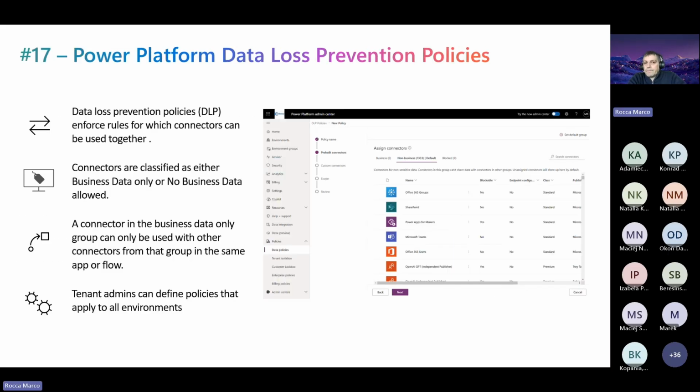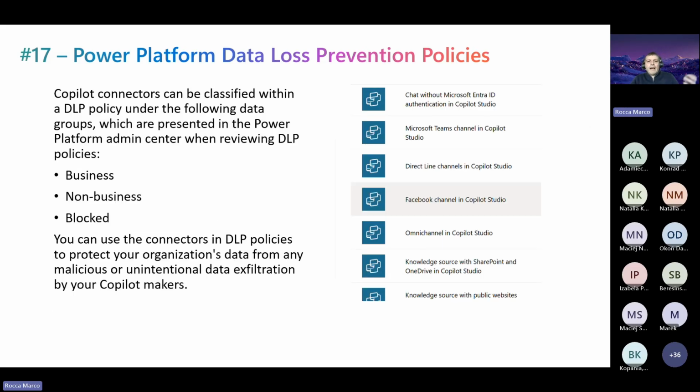This is an evergreen: data loss prevention policy. We know that the data loss prevention policy in a classic Power Platform situation allows us to block a lot of connectors, for example, connectors with X, Facebook, a lot. But what is important to understand today is that we have other types of connectors that allow you, for example, to block knowledge sources inside SharePoint and OneDrive.